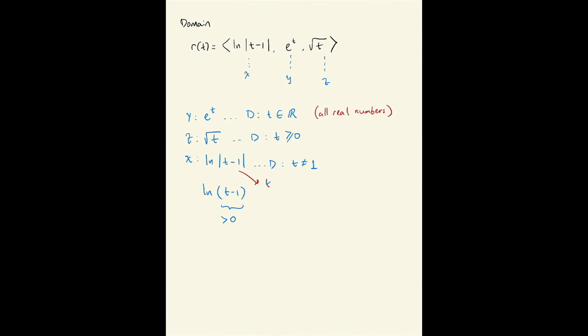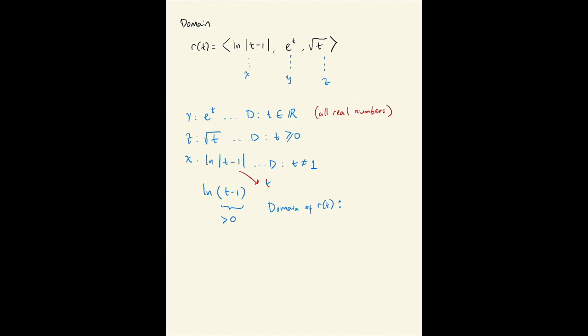So the domain of the function, the vector function, should include all the parametric domain, right? So it's greater than 0.